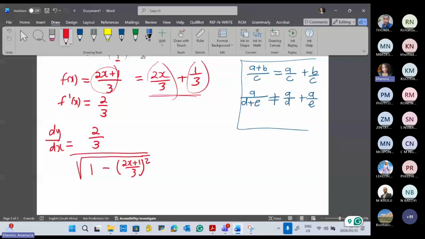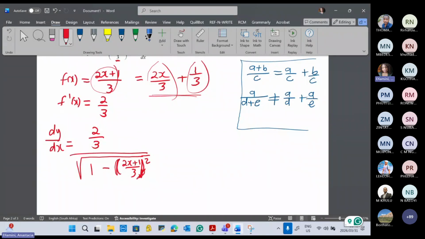The reason I did that is that it becomes simple for me to simplify. You can substitute it as 2x over 3 plus 1 over 3, but if I substitute like this here, it becomes easier for me to simplify, and I'll show you how. Are we all together? Yes.